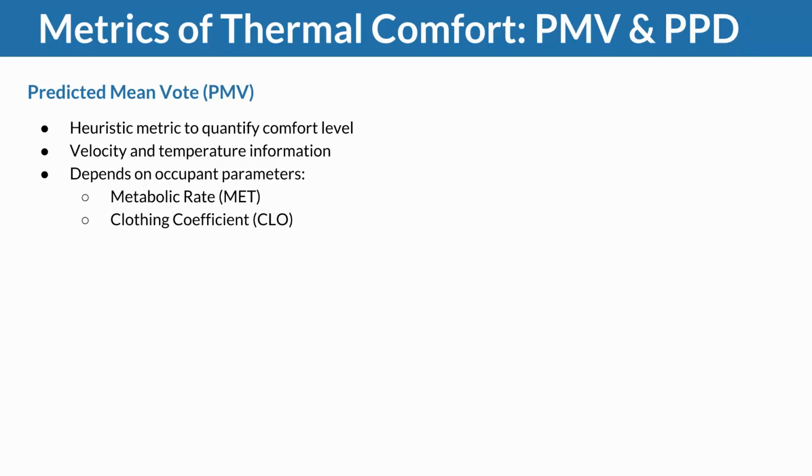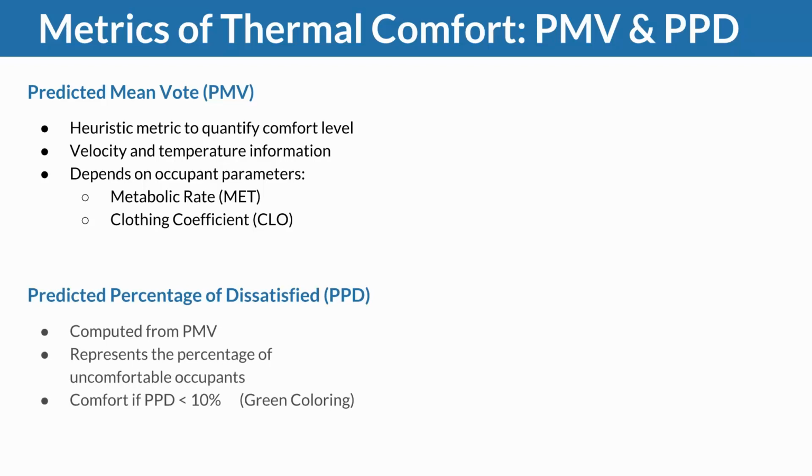That's the predicted mean vote, and it's a measure that ranges from -3 to +3, and we're shooting for 0. We're going to see that in a second. Derived from PMV is PPD, predicted percentage of dissatisfied, and that's a measure of how many occupants would perceive the environment as not satisfactory, right?